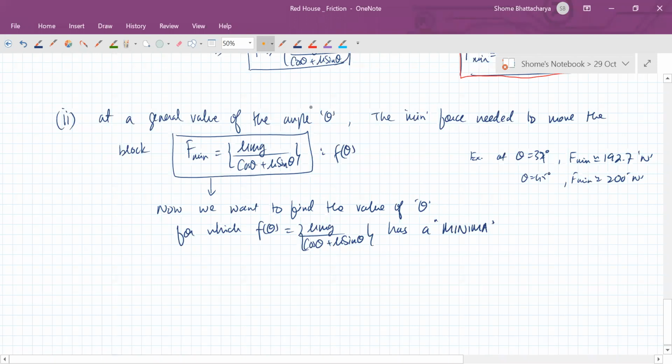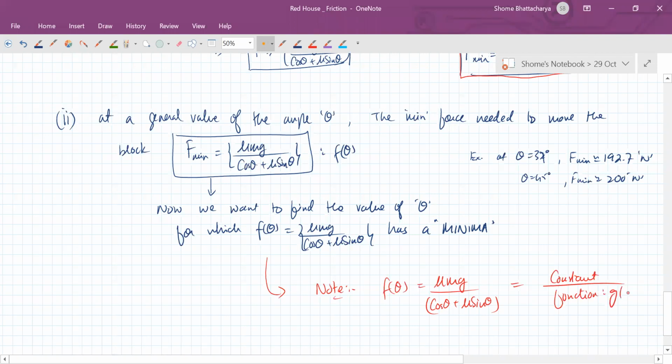Okay. So now for this, we will use a very simple concept. We won't actually use maxima minima. If you notice here, this thing, it is mu mg upon cos theta plus mu sine theta. So it is basically a constant, mu mg is a constant divided by a function of theta.